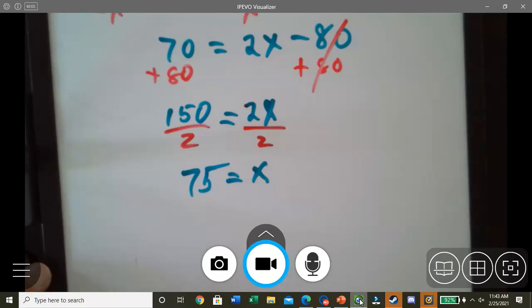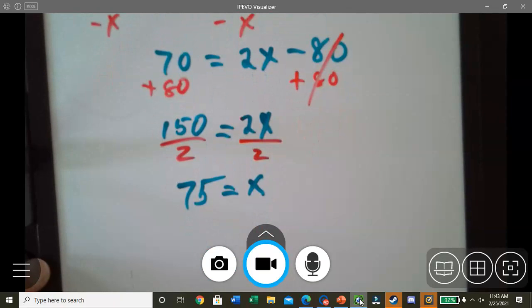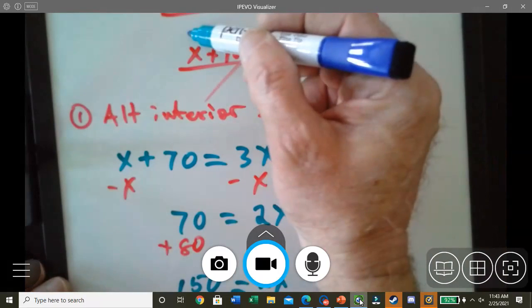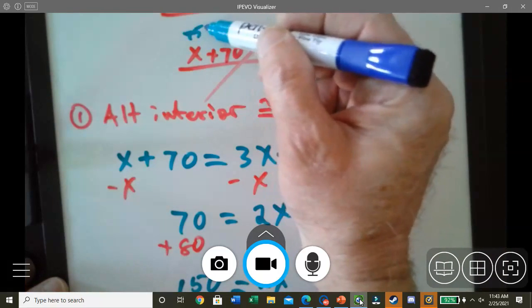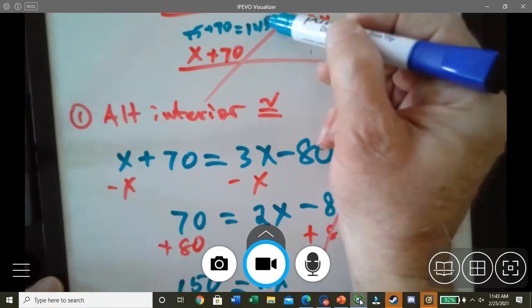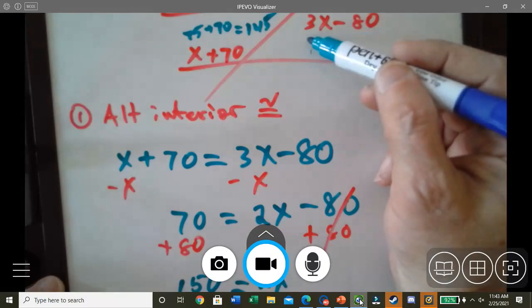Okay, questions? Okay, so if we took this 75 plus 70, that would give us 145. So this side should be 145, right?